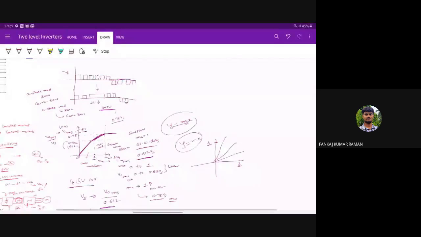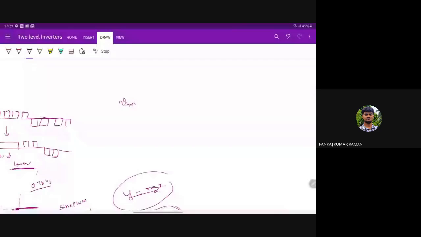Okay, sir. Clear. So that means, the simple thing, you can easily derive this one. We have the original modulating signal, MA1 sine omega t, and this is MA2 sine 3 omega t, the zero sequence order harmonic. This is the resultant, MA1 sine omega t plus MA2 sine 3 omega t.